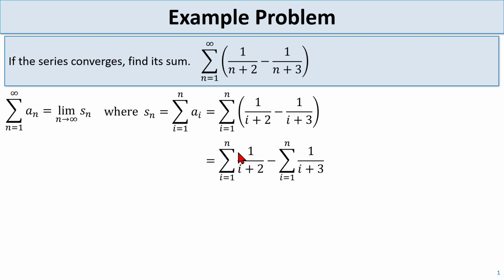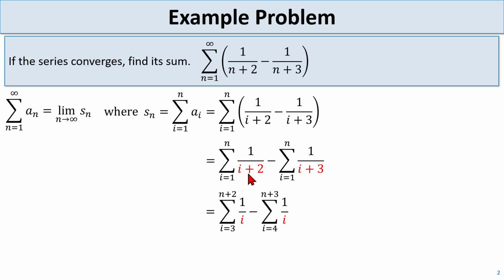I am going to change these sums so that they have the same form for their terms. Instead of having I plus 2 and I plus 3, different forms for the different terms, I'm going to make them both into 1 over I.